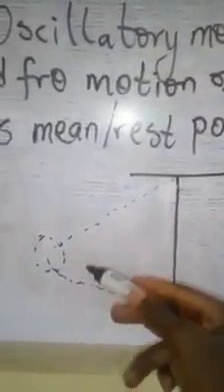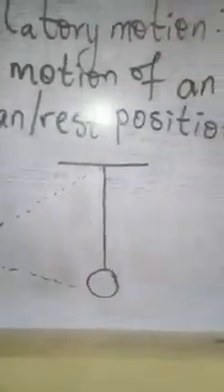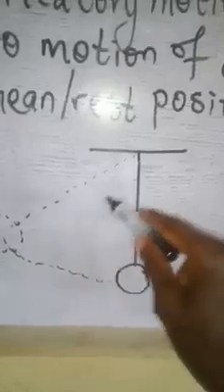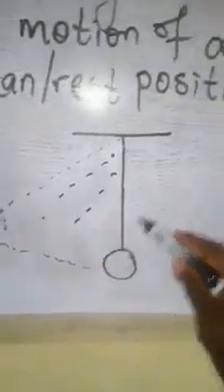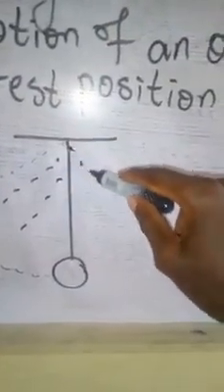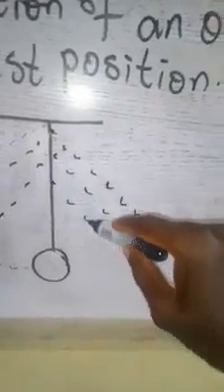As the bob is formed here, if you release your hand, what happens? The ball continues to move to and fro. Then you have some kind of motion of the rope along this path and motion of the rope also along the other path, like this. Then you won't have the bob in one position.